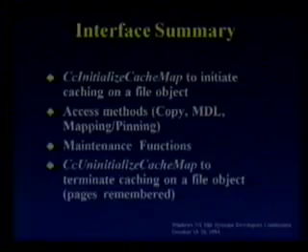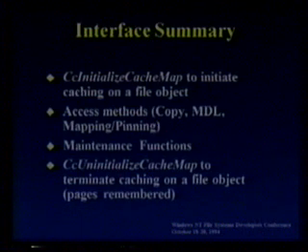Okay, so now we'll start talking about some interfaces. The bird's eye view of how you talk to the cache manager is on this slide. Essentially, to initiate caching on a file object, and again, file objects just represent a stream, so to initiate caching on a stream, you call a routine, CcInitializeCacheMap.